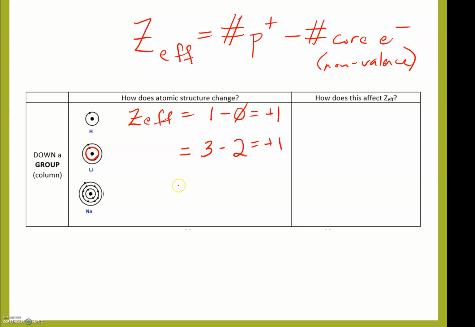Let's try sodium. Sodium has, I believe, 11 protons. Let me double check that on my periodic table. Correct. Minus 10 core electrons, which means non-valence, and you get a difference of +1 once again.